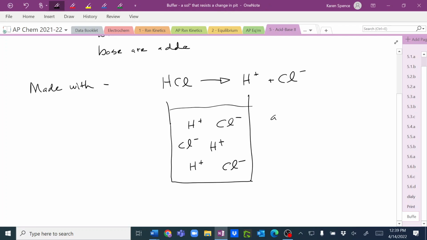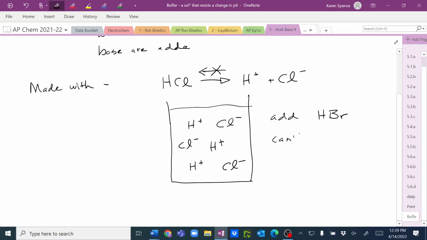What happens if I add some HA, or let's say HBr, add some HBr? Is it able to use up the extra H+? No, why can it not use up extra H+? Because it cannot shift that way, right?